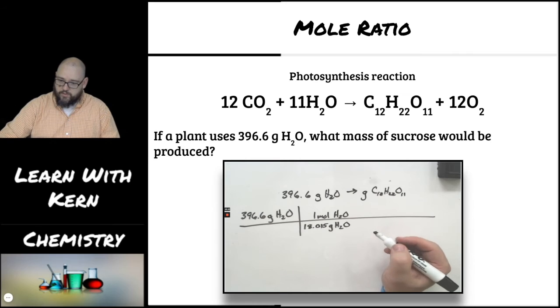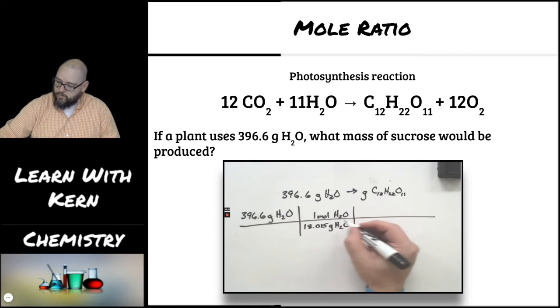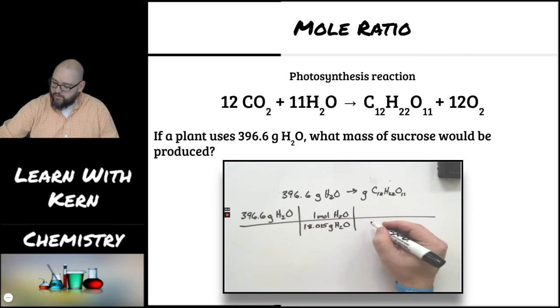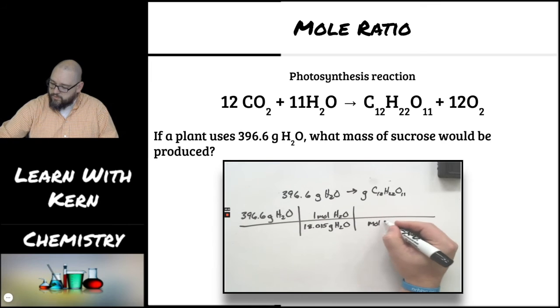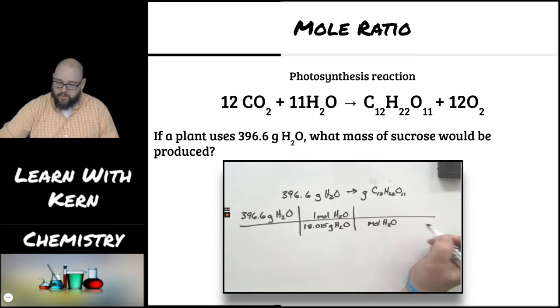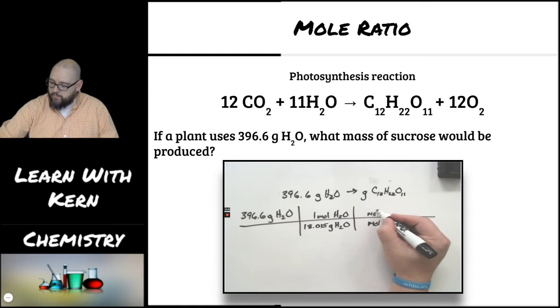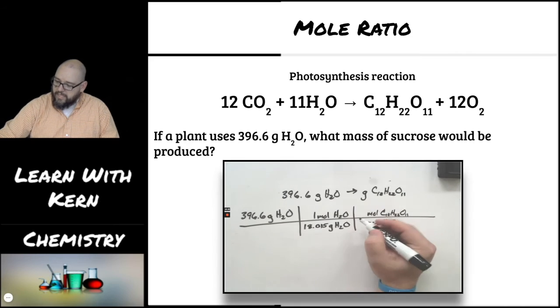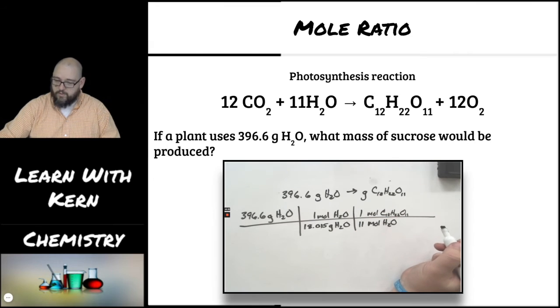And now I'm going to do my mole ratio. If I have moles of water on the top, I'm going to put moles of water on the bottom. And since I'm converting to sucrose, I'm going to have moles of sucrose on the top. And my coefficients are 11 and 1. Those are the coefficients of those substances in the reaction.